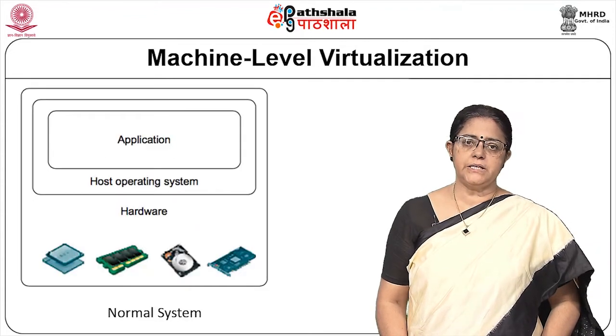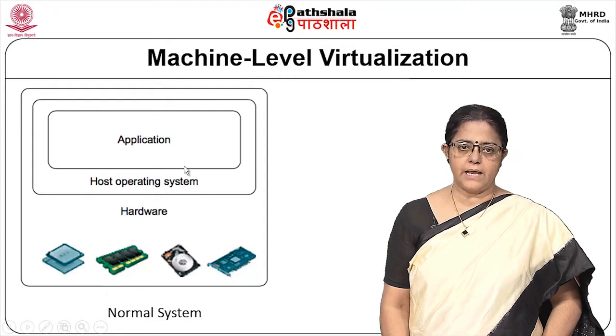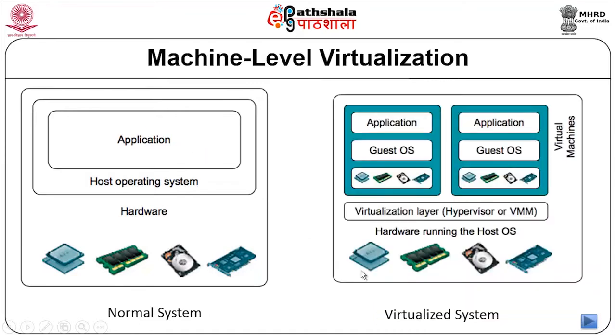So, this is our machine where we have the hardware, we have the operating system on top of that, and then we have the application. When we virtualize, as we already have seen, on top of the hardware, the virtualization layer, which is called hypervisor or VMM depending on the environment, comes in, and on top of that, rather than only the application, we bring in a combination of the application and the specific operating system that the application wants.